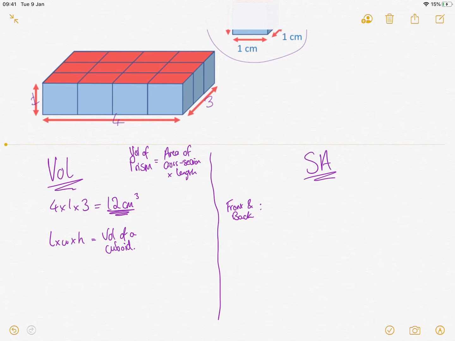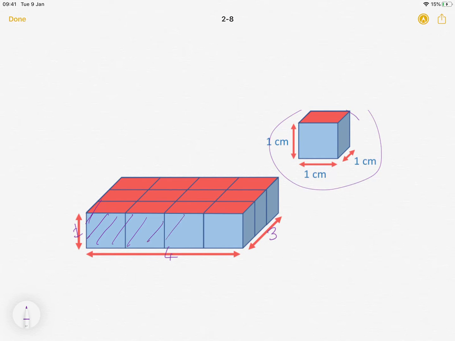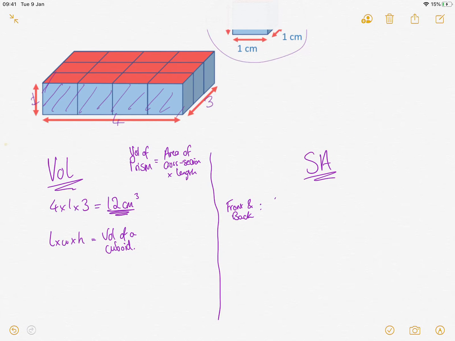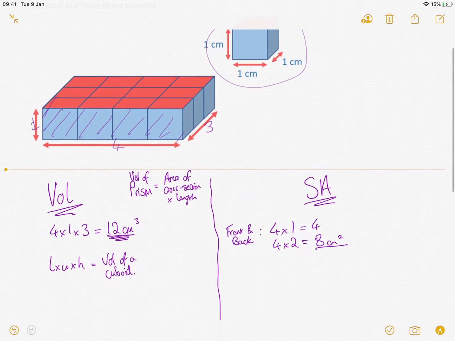So let's look at this front face here, and we actually worked out the area. So this is my front face. My front face would be 4 times 1, which is 4, and then I need to times it by 2. Why do we need to times it by 2? Because we've got the back as well. So my front and back are 8 centimetres squared.